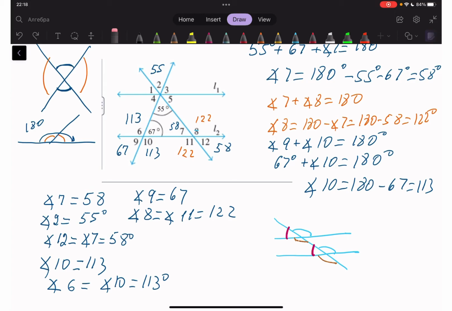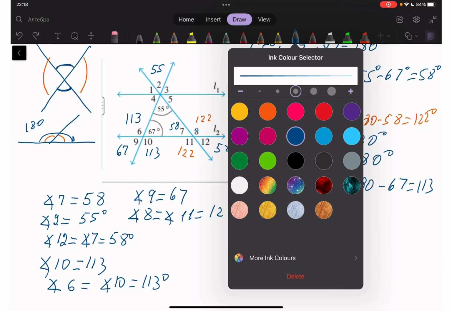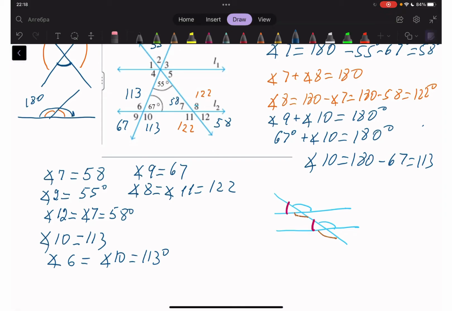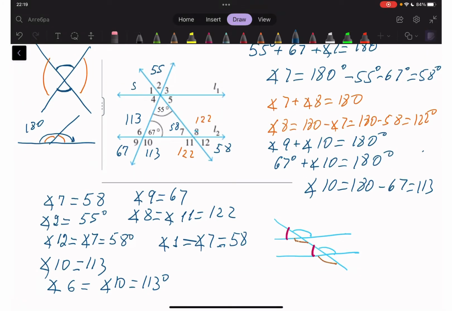Okay, so let me write down. Where is my blue color? Oh, here it is. So angle 1 is equal angle 7 and is equal 58 degrees. Let me write down 58 degrees. Now, remember what we said here.